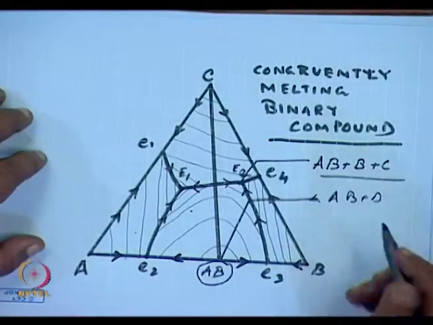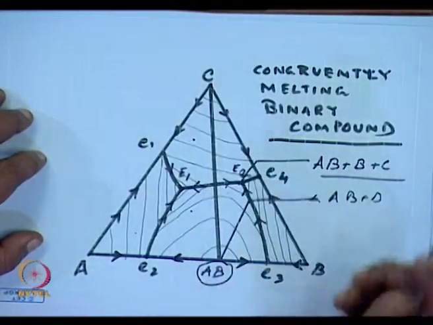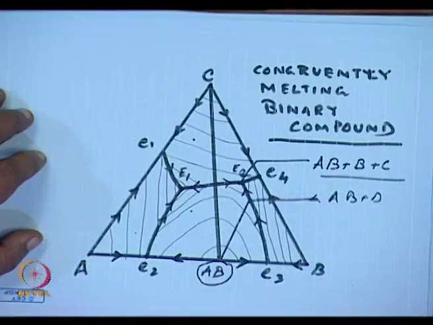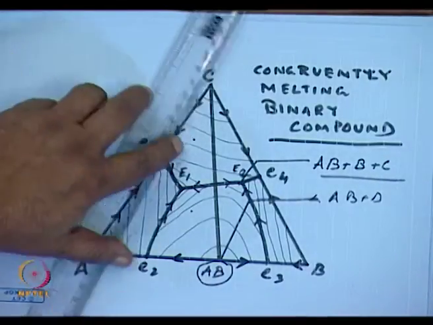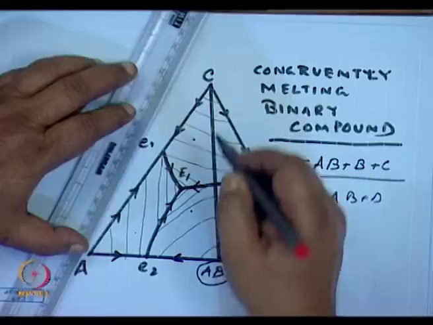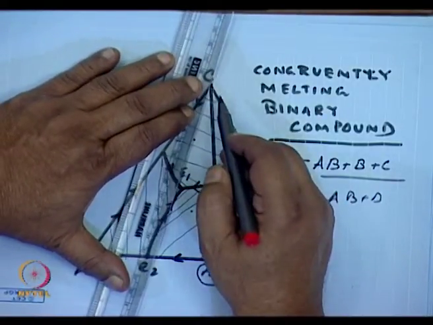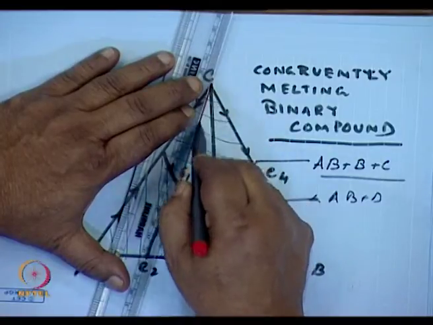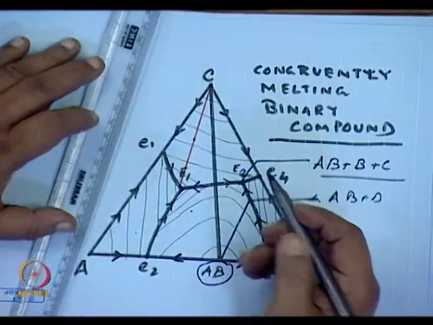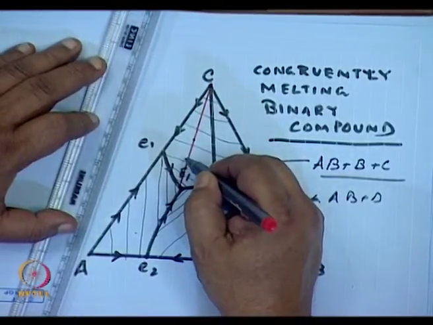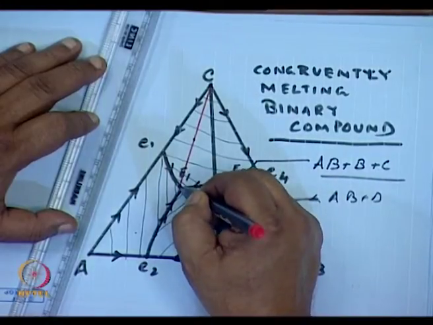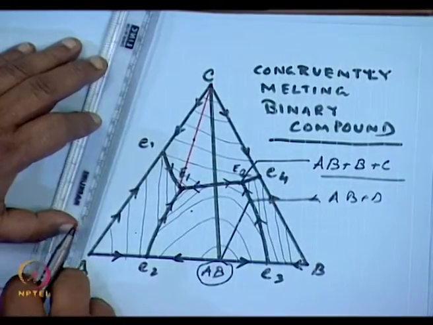Let me say what would happen if I had a composition over here. This is the primary phase field of C. So I would draw a line from C through this particular point. It would cool down to this particular thing and then finally cool off at the eutectic.